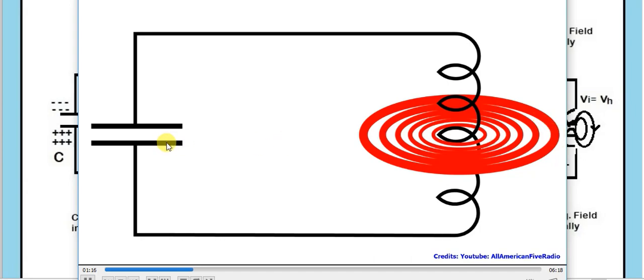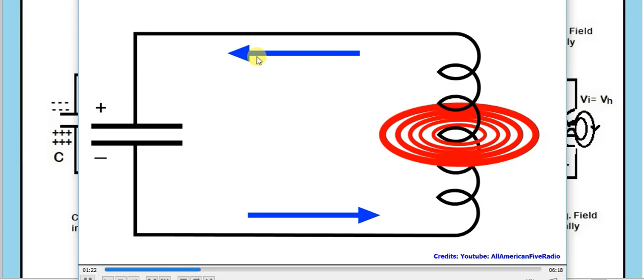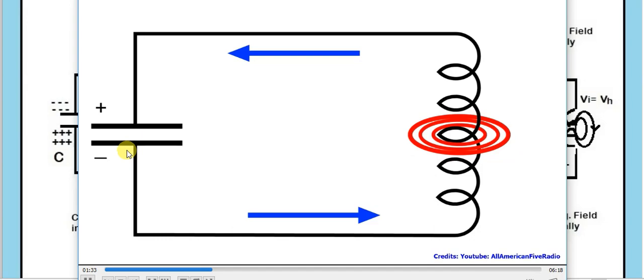Now it will start collapsing, but in the collapsing, you can see it is now inducing the current inside, which is now causing the capacitor to charge in the opposite polarity, positive on this plate and negative on the other side. The capacitor is getting charged and the coil is getting discharged, or collapsed.